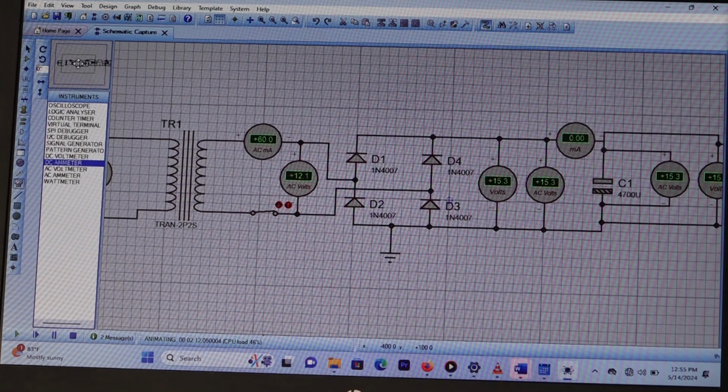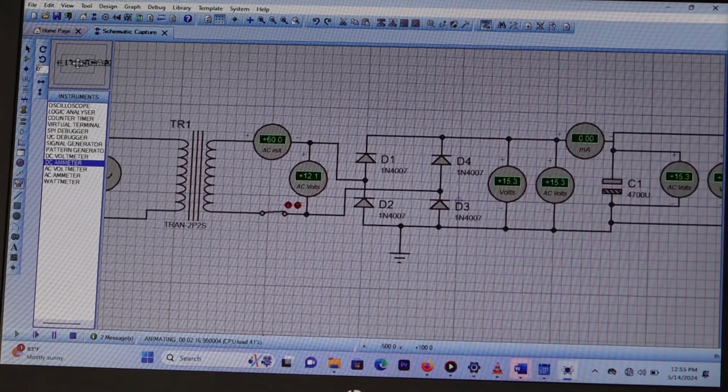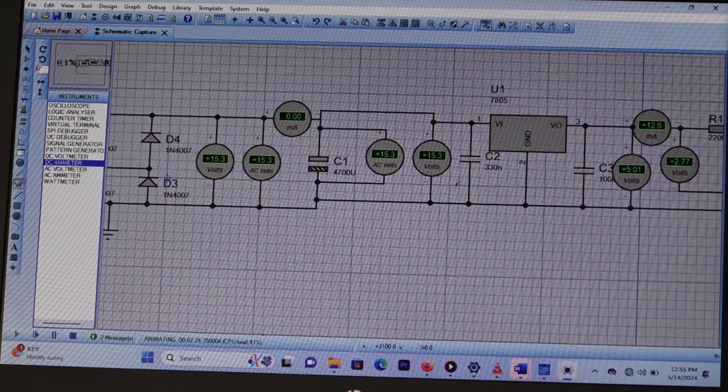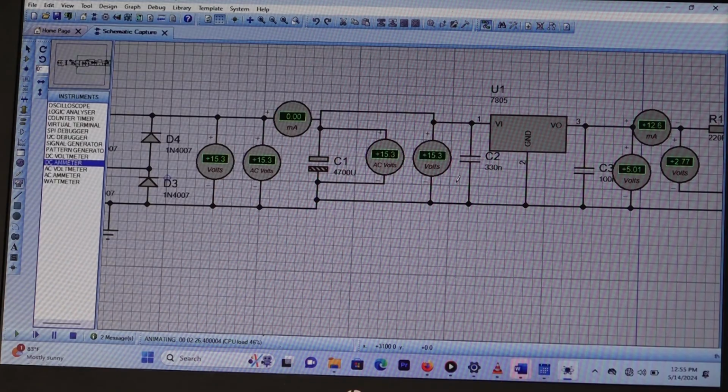Then the input of the filter is 15.3 volt. But the current consumed in this network is still 0.